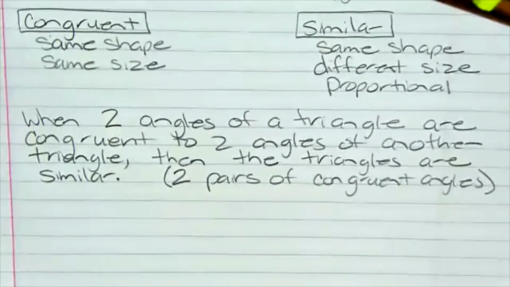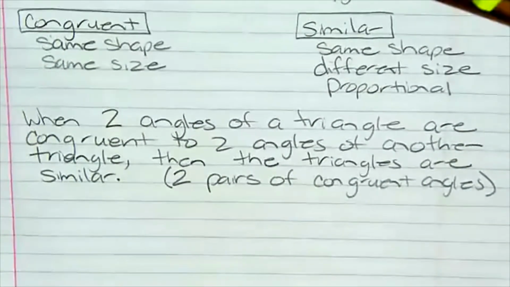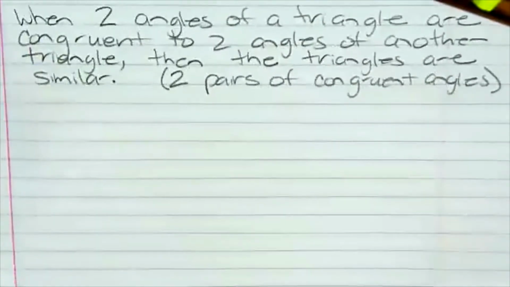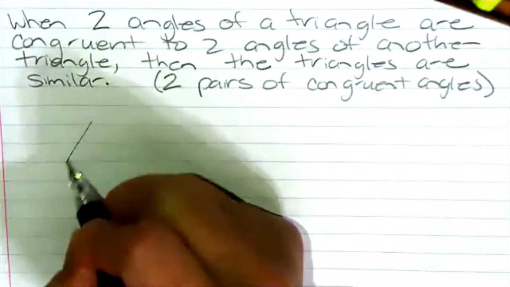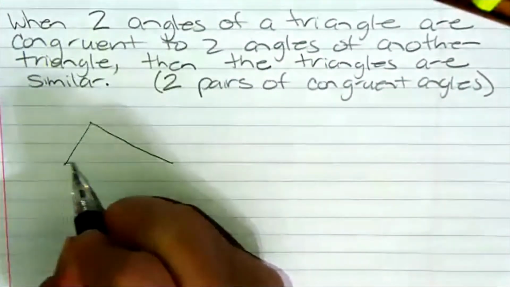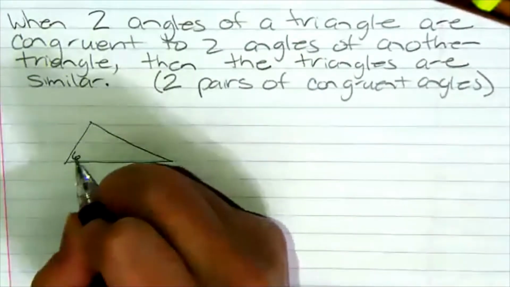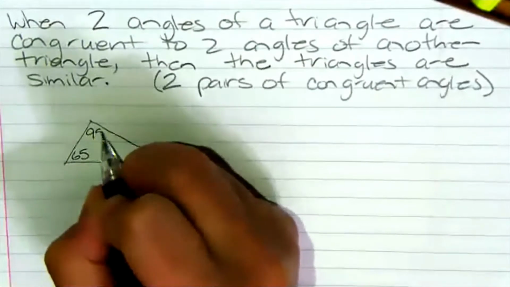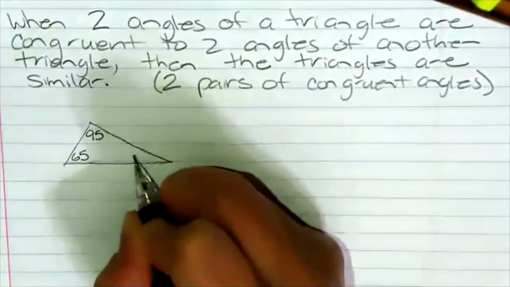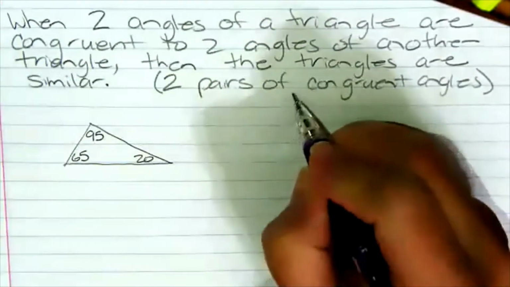Okay, so what does that mean? Well, we've got one triangle that looks like this, with angle measures of 65, 95, and 20.